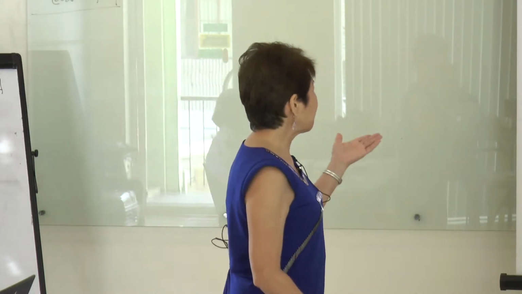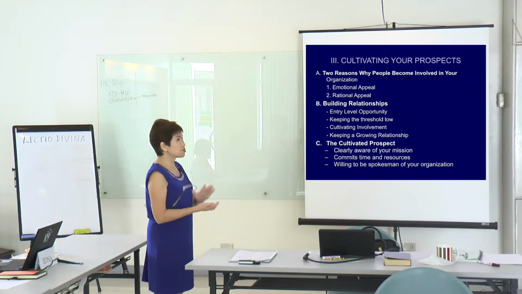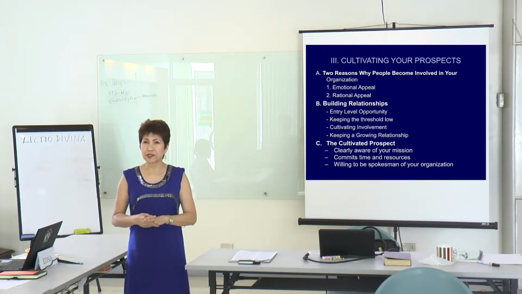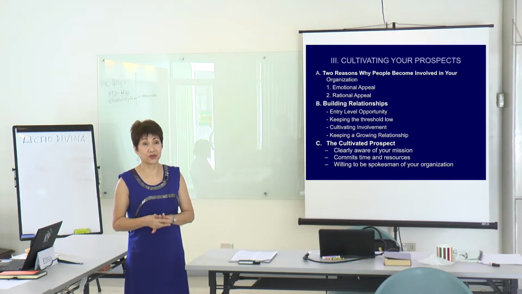And if you have those things in place, then you're giving a good image or a good picture in the mind of the first-time donor that you can be trusted, that you know what you're doing, that you have things in place, and I can be encouraged to give more. So, building relationship, that's what I described is a picture of an entry-level opportunity.